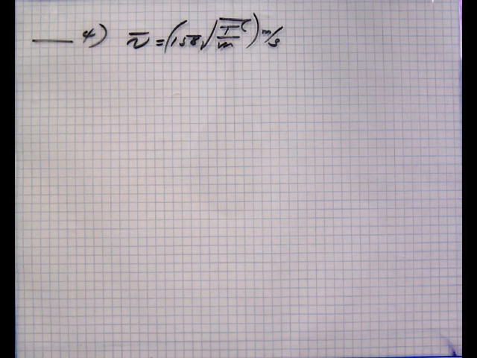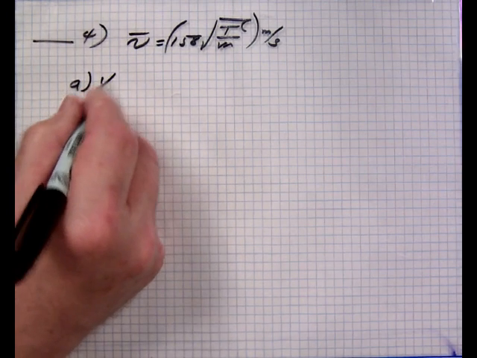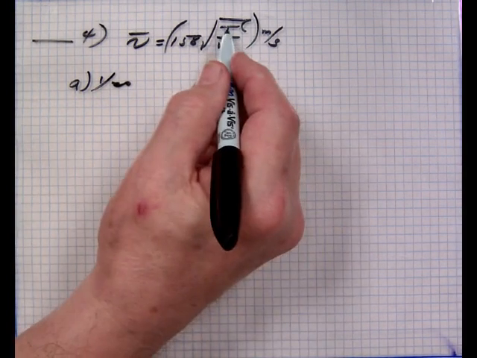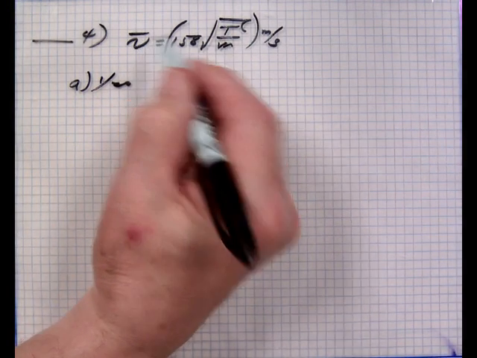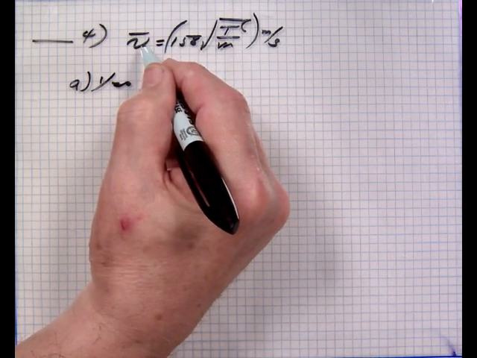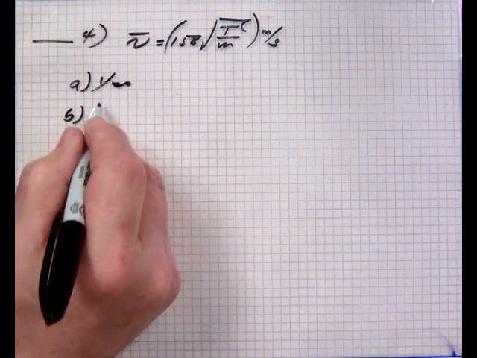Okay, number 8, choice A: root mean square velocity is inversely proportional to mass and directly proportional to temperature. Well, yeah. So A is a yes. B: RMS velocity decreases with increasing mass and decreasing temperature. Yes. If we lower the temperature, velocity is going to go down. If we increase the mass, velocity is going to go down also. So B choice is a yes.